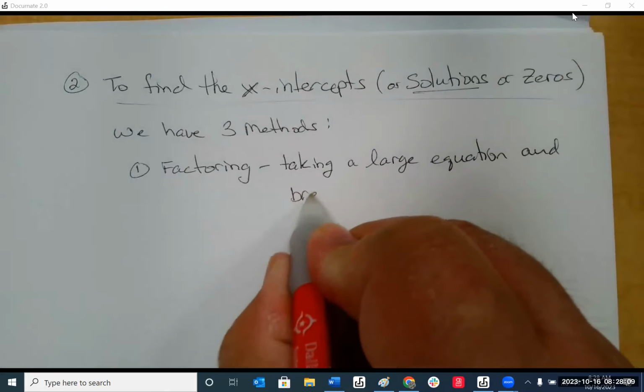That's going to be the first one. Actually, that's going to take the longest. The next way we're going to do is called complete the square.